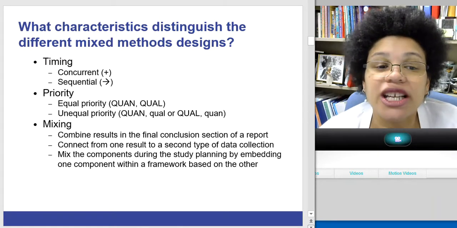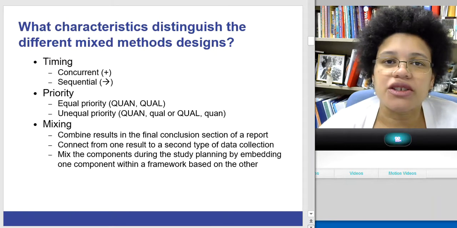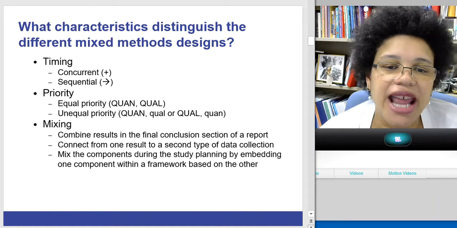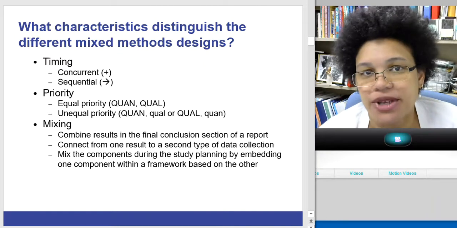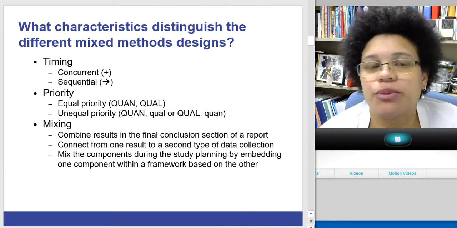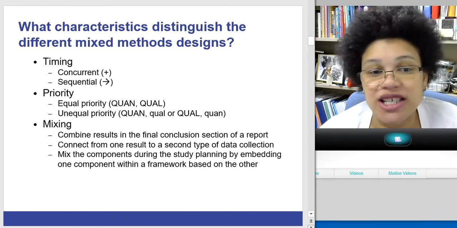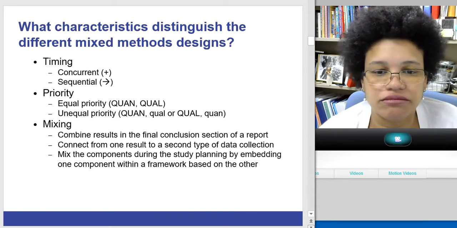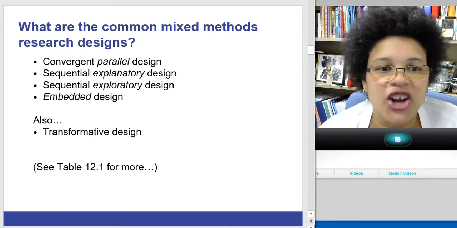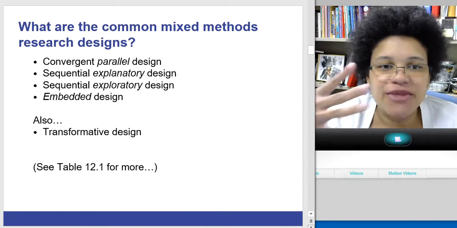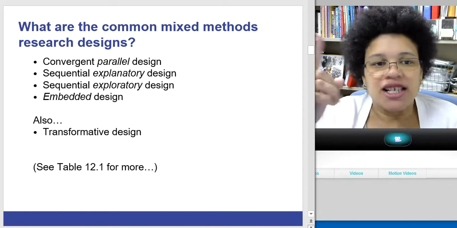The priority: whether the data has equal priority. And then how the mixing happened. What's the relationship between the first data set that was used and the second data set?